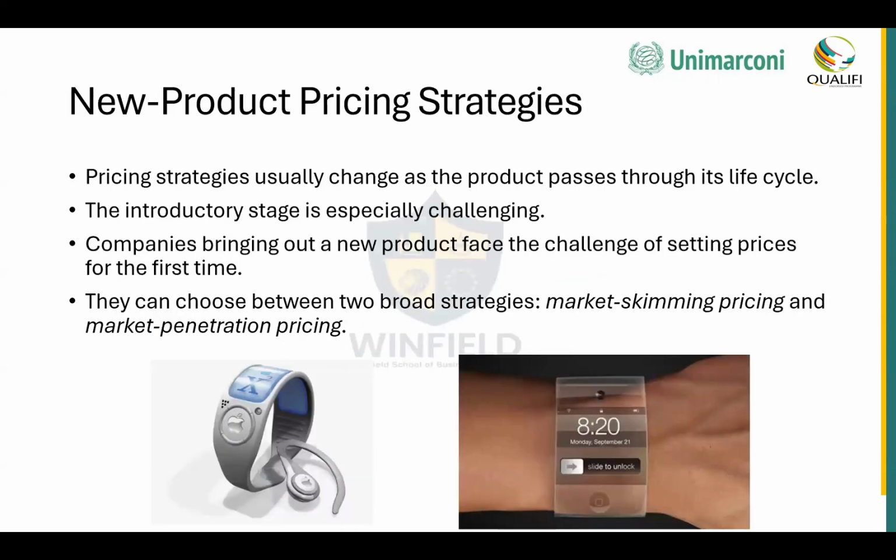Okay. So new product. If you want to price a new product, you have to always think about your consumers, and also about your strategy, right?